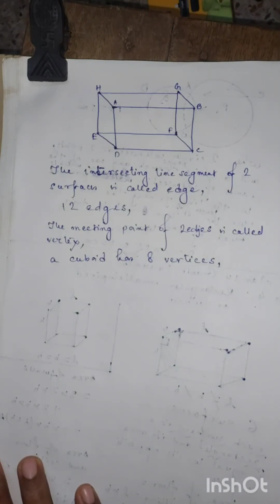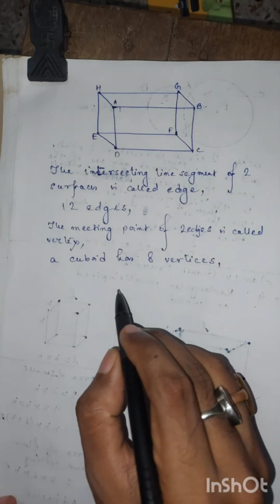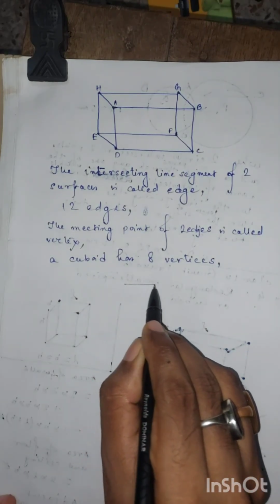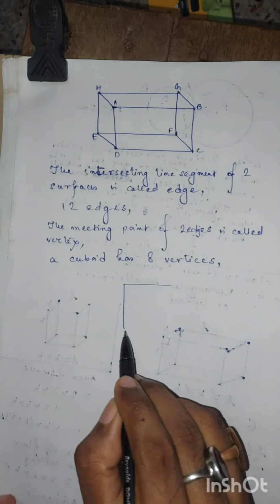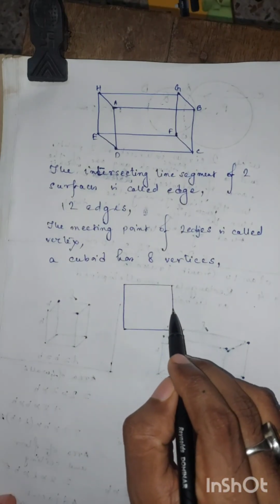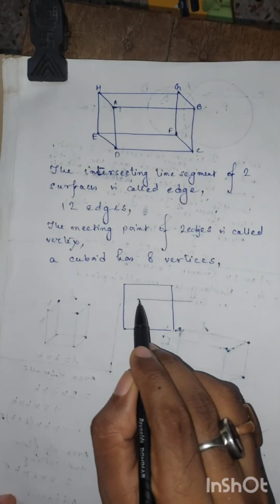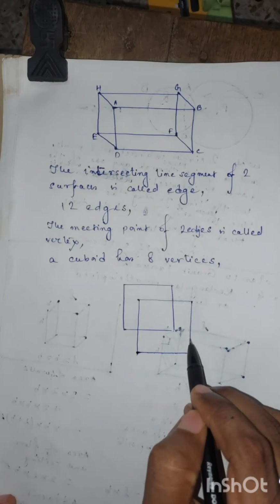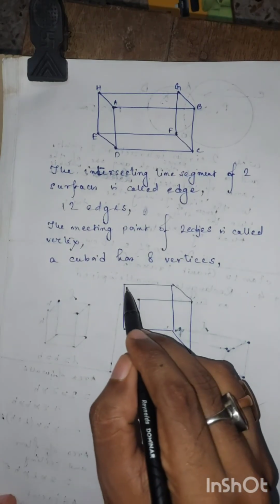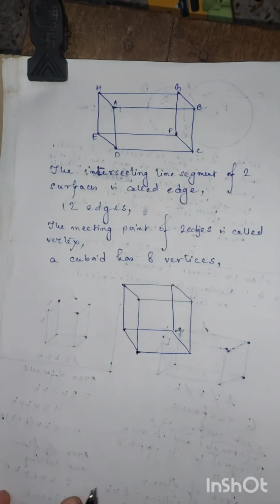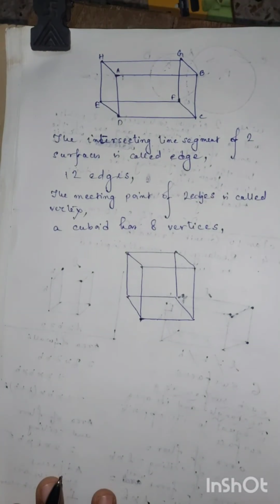These things are similar to a cube, where length, breadth, and height, these three things are equal.